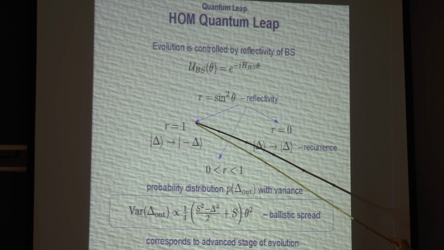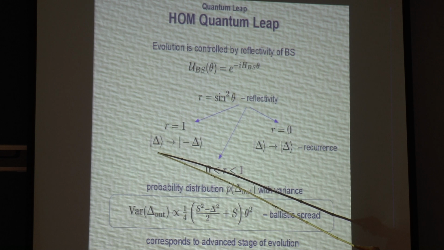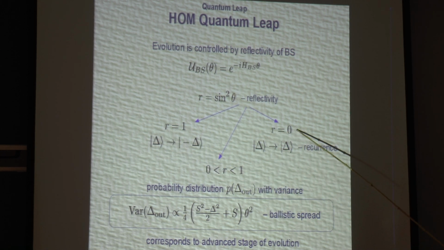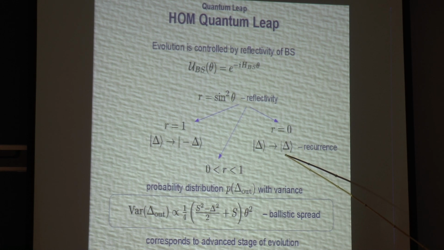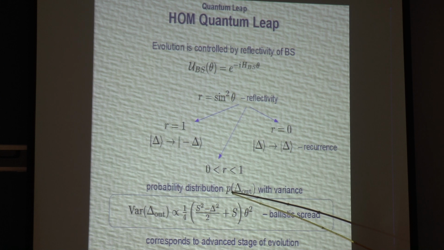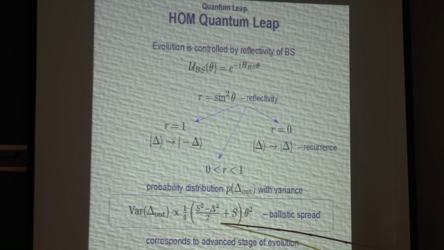If the reflectivity equals 1, a well-defined initial vertex in the graph is mapped to its opposite vertex. If r equals 0, we observe a certain recurrence in the quantum walk. For all other values, we obtain the probability distribution of final positions characterized by the following variance, scaling quadratically with the evolution parameter.